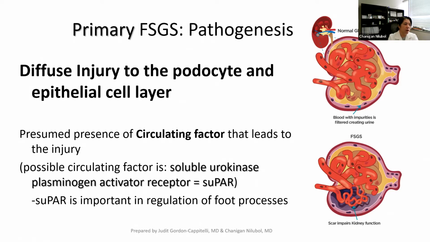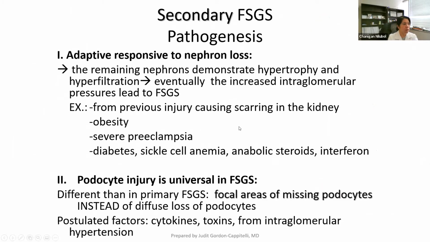There's also the theory that there's a circulating factor called suPAR that may play a role in the regulation of the foot processes. So if you have this circulating, it's thought that it could be one of the mechanisms for the development of FSGS. So secondary, it can be from an adaptive response to the nephron loss.